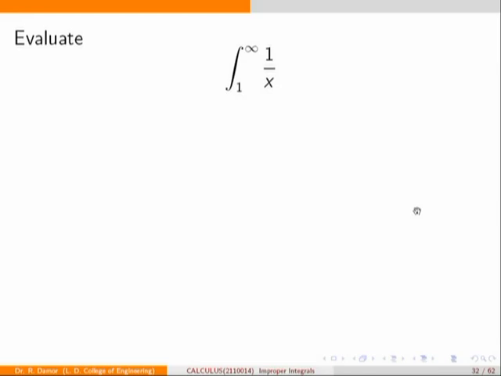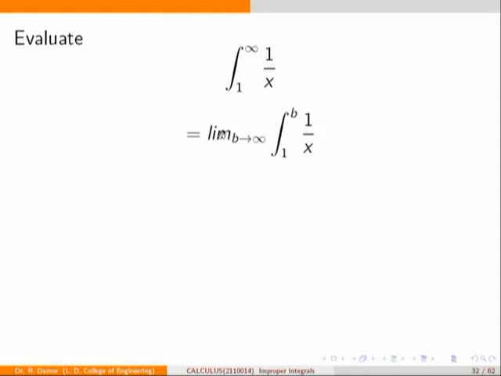Okay, now suppose I evaluate this. Every time we got some fixed answer and the integral converged. Is it always possible? Let's say this. Now I can find the integral from 1 to infinity of 1 upon x dx. This is an improper integral of type 1 because the upper limit goes to infinity.